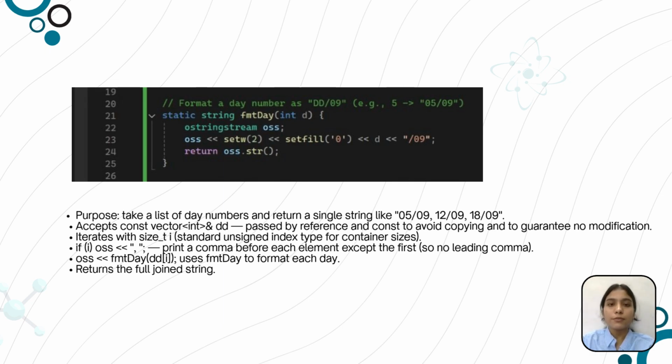Now, this part of the code formats each absent day and joins them into a single string. The function fmtDay takes a day number like 5 and returns a formatted string like 05/09. We use a string stream to build the string, and setw(2) with setfill('0') makes sure single digit days have a leading 0.